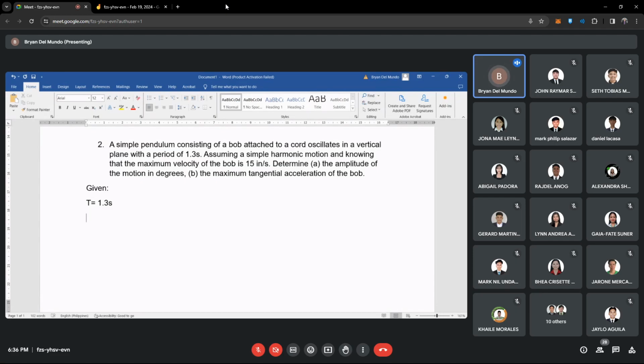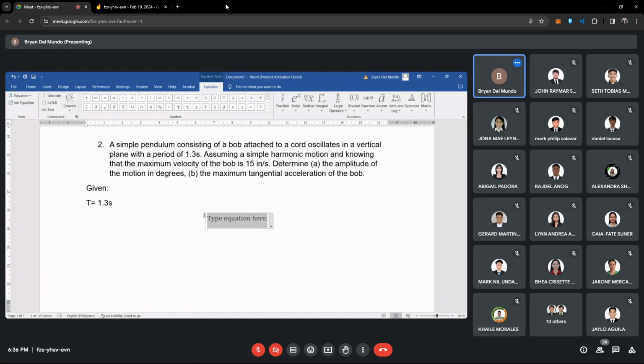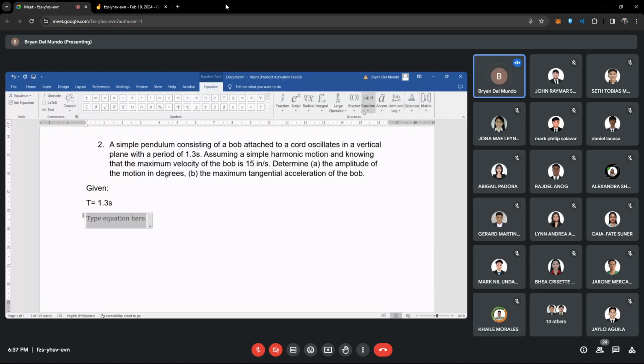And then the maximum velocity, our v max, is equivalent to 15 inches per second.